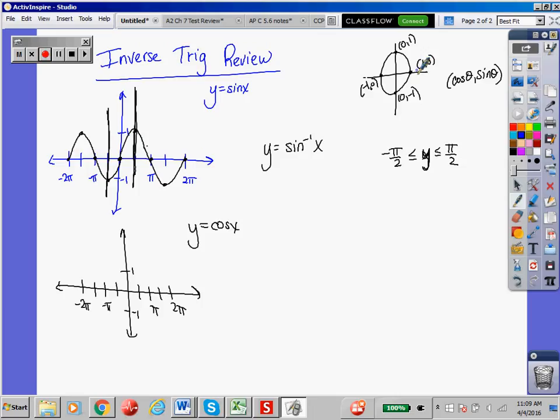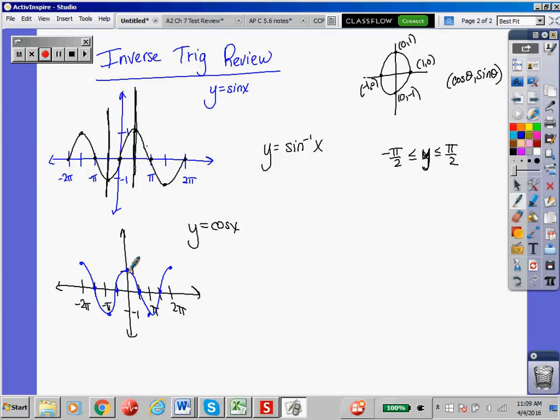Okay, so go ahead and plot them. The cosine of 0 is 1. π/2 would be 0. And then I just continue the pattern going to the left. So we have the same problem here, where if I try to do an inverse function, it fails because of the horizontal line test.